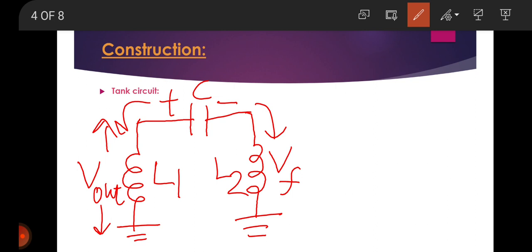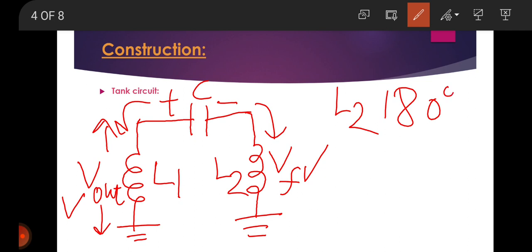The output voltage of the amplifier appears across L1, and feedback voltage appears across L2. The voltage across L2 is 180 degree out of phase with L1.